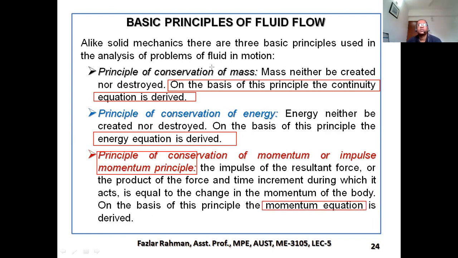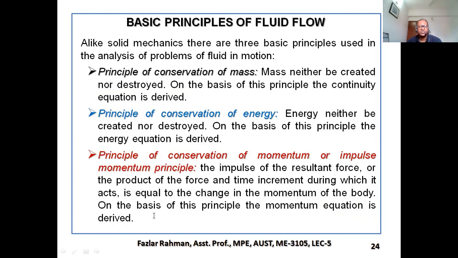What is that equation? If you know Newton's second law, F equal to ma, and we can write A equal to dV by dt. This dV we can write as V2 minus V1 divided by time dt.